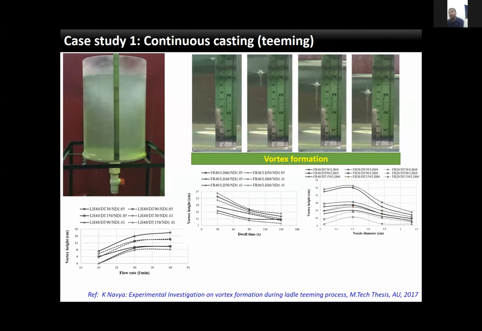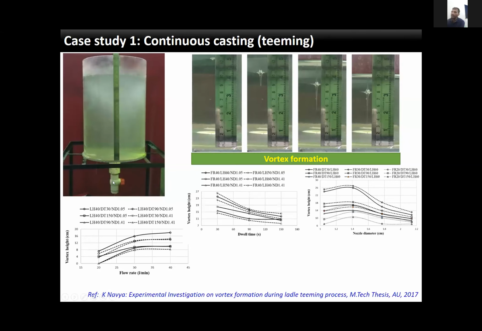When you increase the nozzle diameter, it means your ladle nozzle diameter is increasing in your sequence. In the first heat of your sequence it can be D, in the second heat it may be D plus something, and in the third heat D plus some other value. So that increase in diameter can be studied by varying the nozzle diameter.